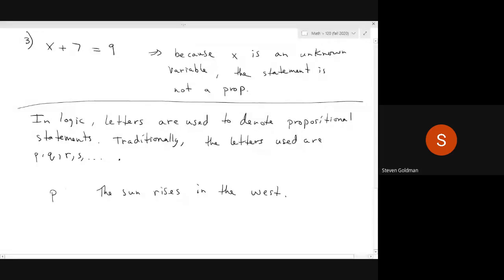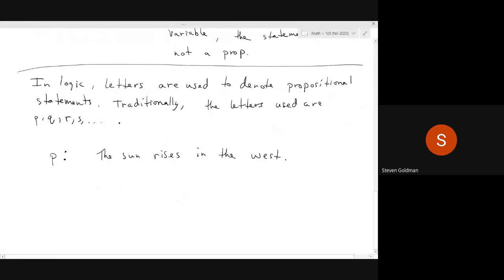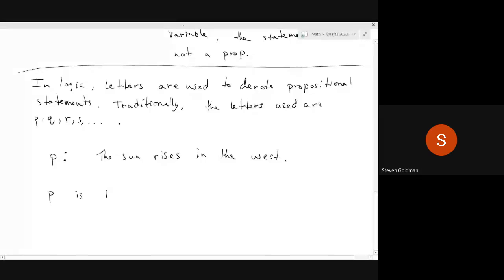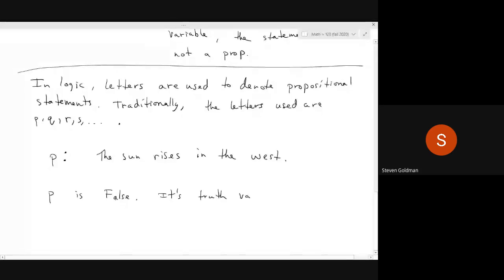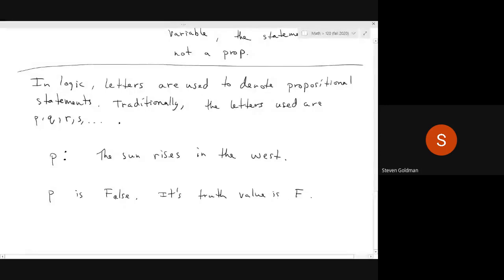I can denote this proposition by the letter P. So every time I want to refer to this sentence, instead of writing down the whole sentence, I'll just call it P. In this case, P is false. And so we'd use a capital F to denote its truth value.